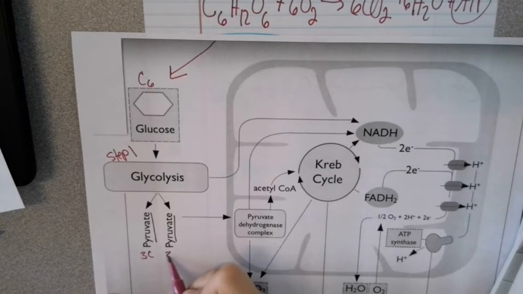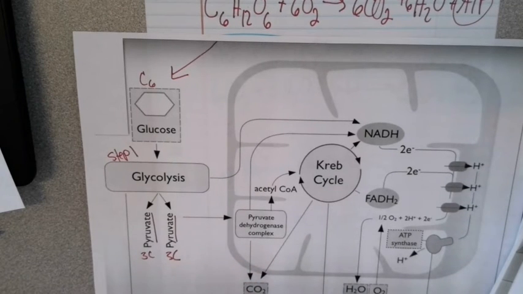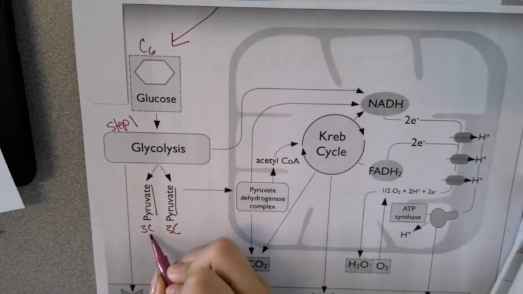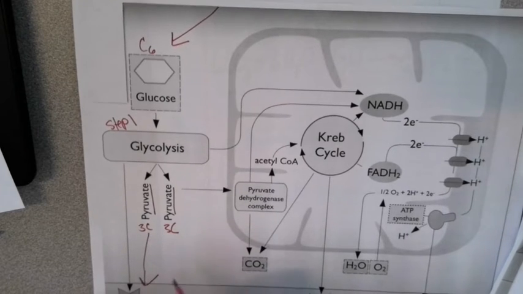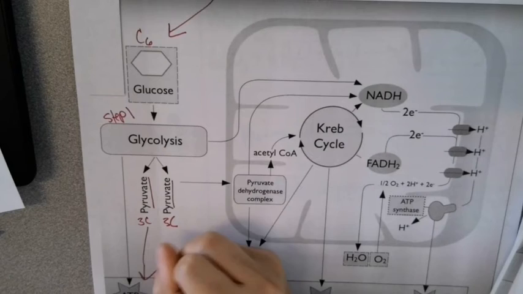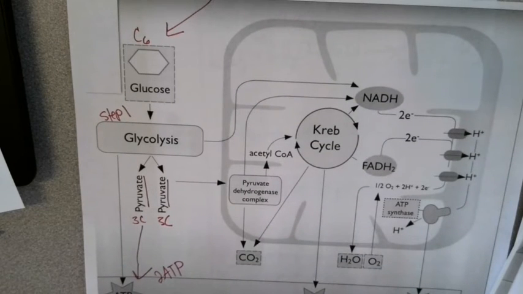Each of these 2 will have 3 carbons taken from them. So each pyruvate has 3 carbons. And the pyruvate will create 2 ATPs, which again, ATP is energy.